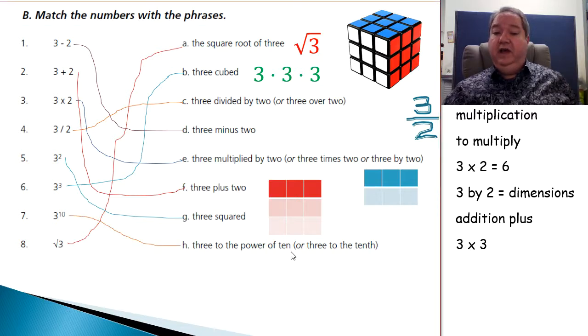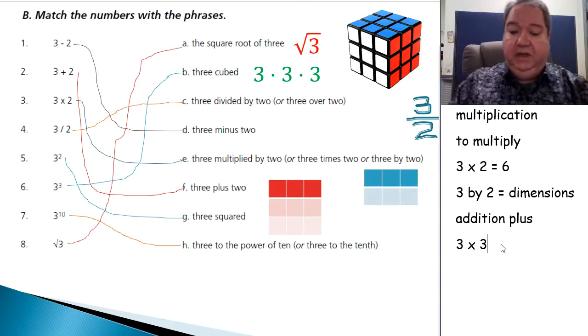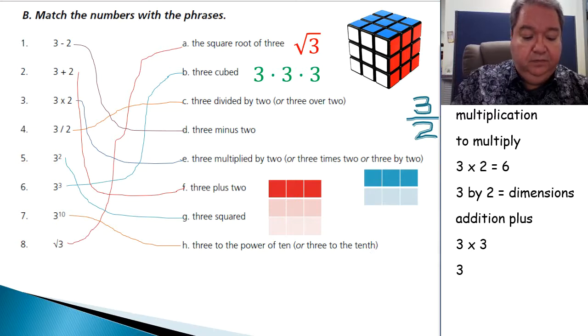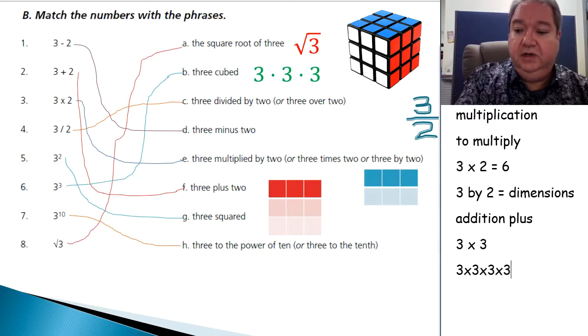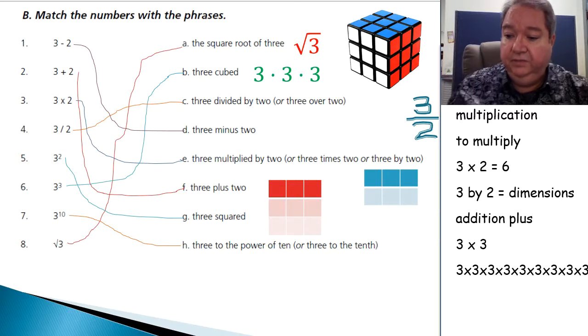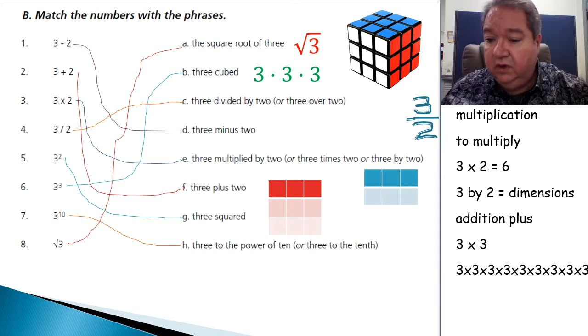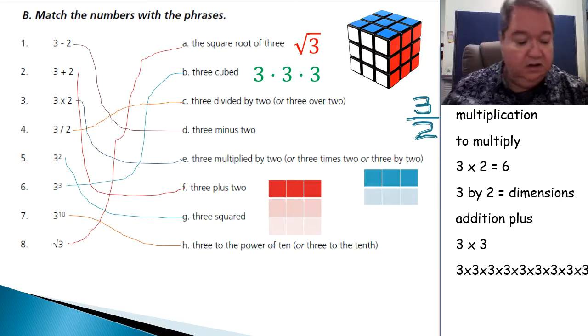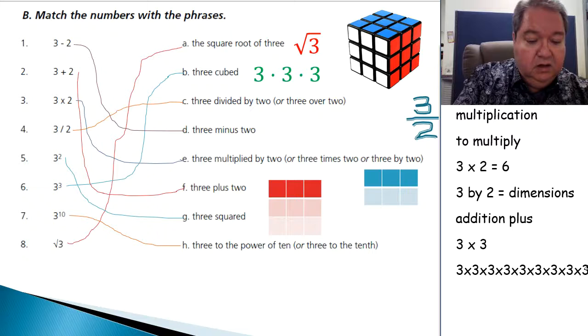And 3 to the power of 10. 3 to the 10th power. 3 raised to the 10th power. Or we can simply say 3 to the 10th. What does that mean? That means 3 times 3 times 3 times 3 times 3 times 3 times 3 times 3 times 3 times 3.